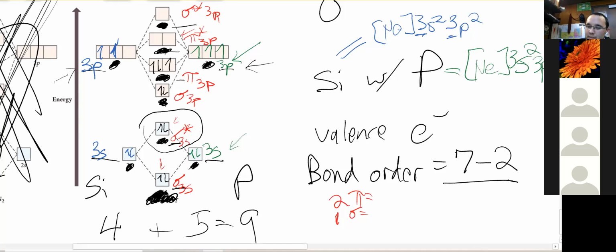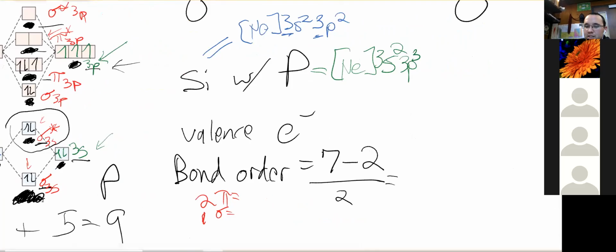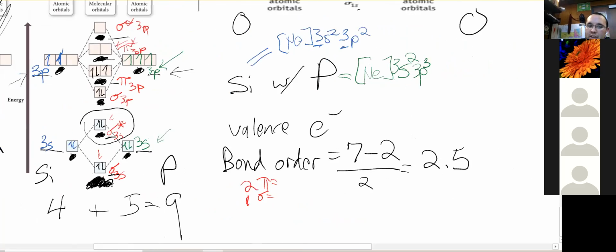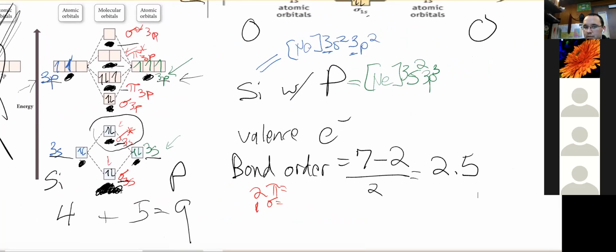Good. And then we'll divide it all by 2 because that's how many electrons in the bond. And so this becomes 2.5. So should that bond occur? Yeah, there's a benefit for it. And so this is going to be somewhere between a double bond and a triple bond in its strength.